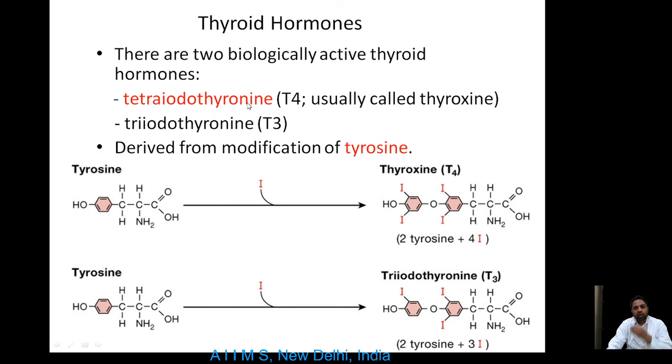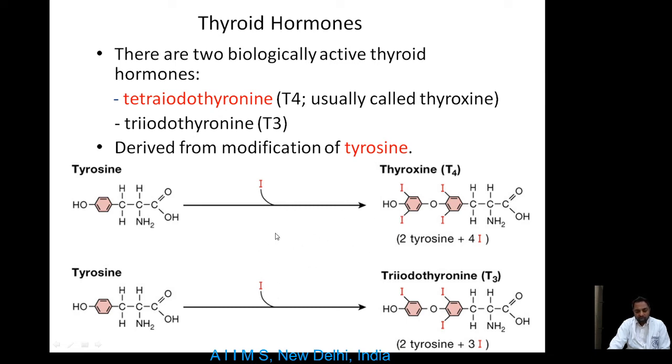So thyroid hormones, they are the biologically active thyroid hormones. T4 and T3, that is tetraiodothyronine and triiodothyronine. The only difference is the amount of iodine. In T4 there are 4 iodine, whereas in T3 there are 3 iodine attached.